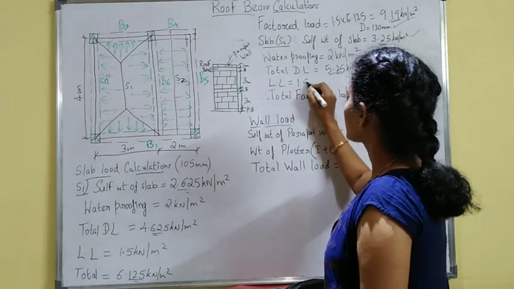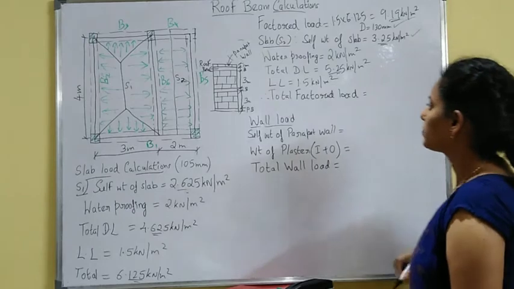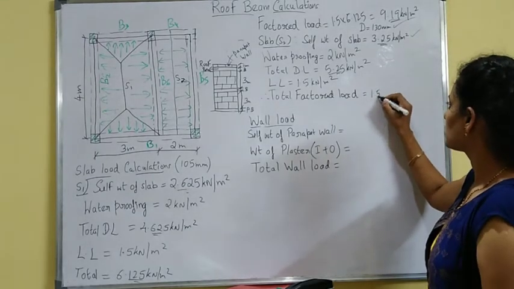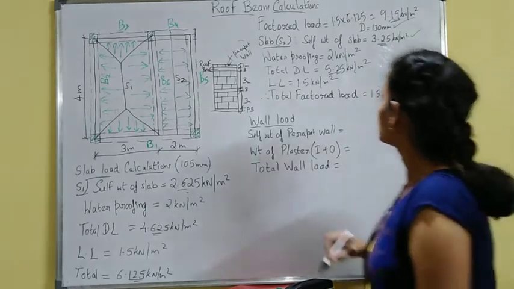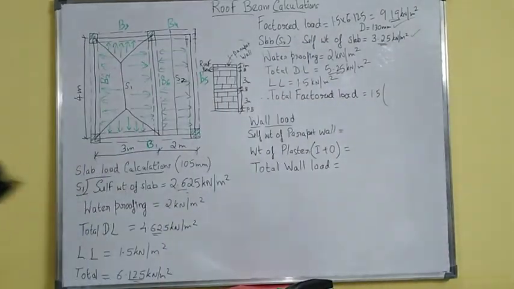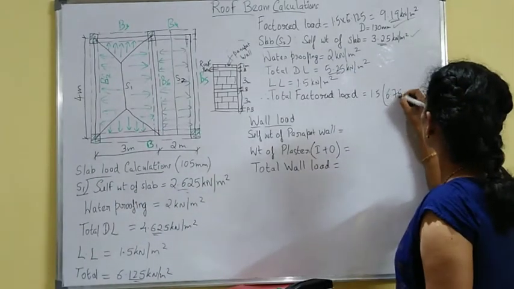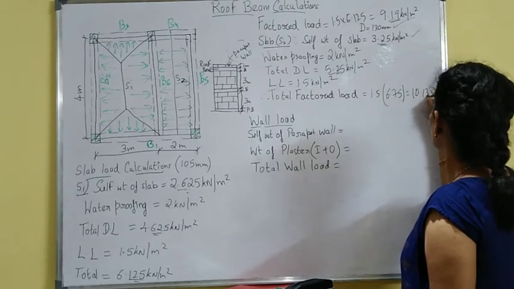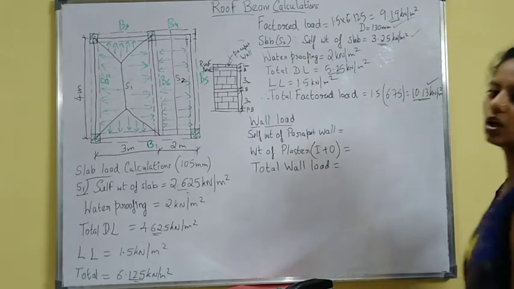Live load is the same, accessible slab, so 1.5 kilonewton per meter square. The total factored load is 1.5 into this total, that is 6.75, which is equal to 10.13 kilonewton per meter square. This is your factored load.